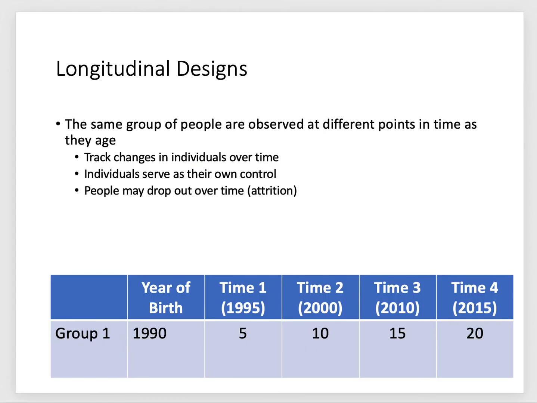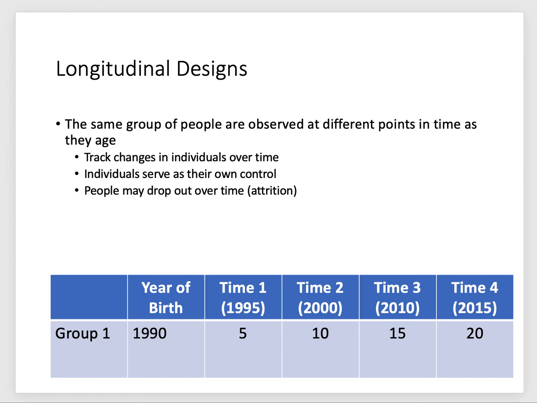But it's much better to do a longitudinal design, where we track people who were born in 1990, who were 5 in 1995, 10 in 2000, and so on. This allows us to have a baseline that everybody who is part of our study is developing at the same point in time.